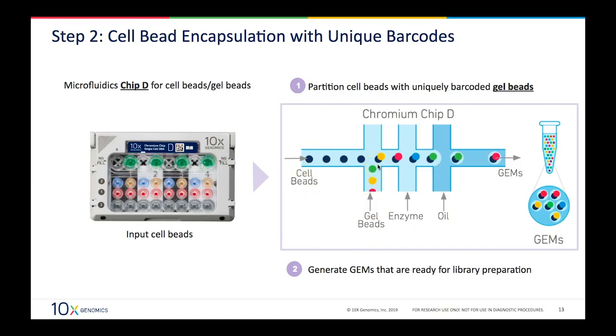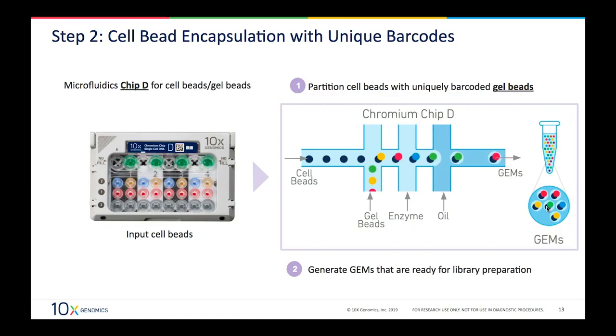Again, because you are processing all these cells in the same tube, it's important that the DNA of each cell gets uniquely tagged and marked. The way we do that is by using a molecular barcode. So all of the DNA is processed in the same tube, but each cell gets a unique molecular barcode that makes sure that we can tell apart cell A from cell B when we're doing sequencing later.